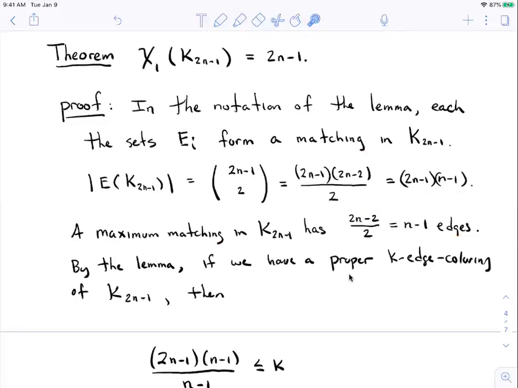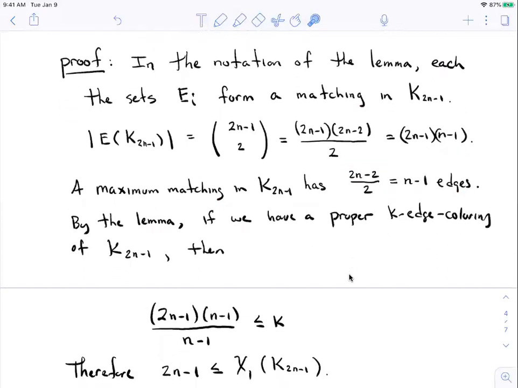So if we run the lemma through there, we take the size of our complete graph divided by the size of a maximum matching, and we know that that's no more than k, where k is a proper edge coloring. Take any proper k edge coloring of this graph, and that inequality would have to be true. Okay?